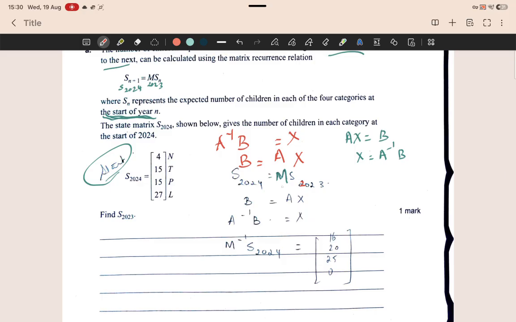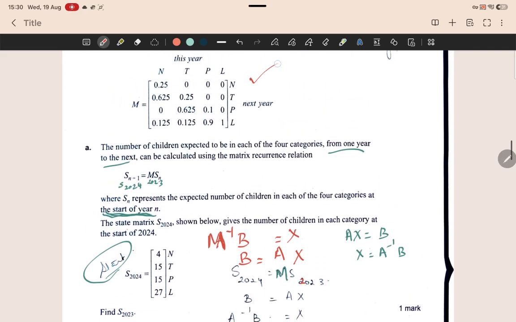And so if you were to just substitute that from the given information, A inverse, so here M inverse B. So we have M from here. We put that into the calculator, M to the power -1, and this is my matrix S 2024.